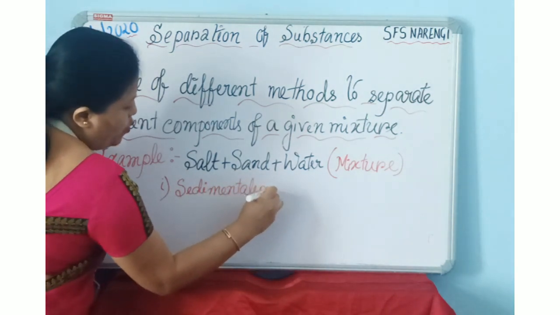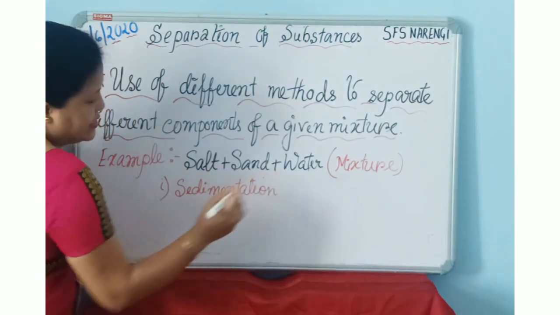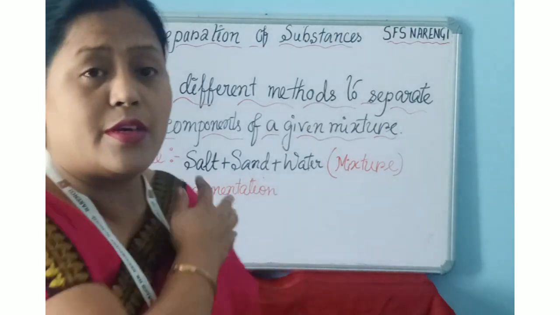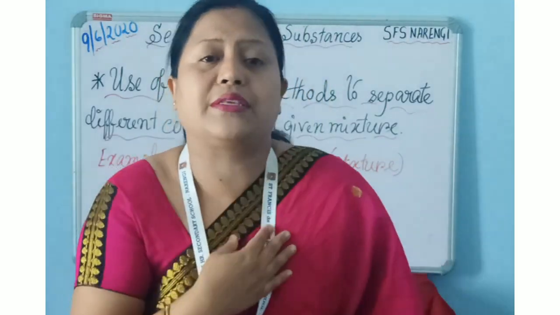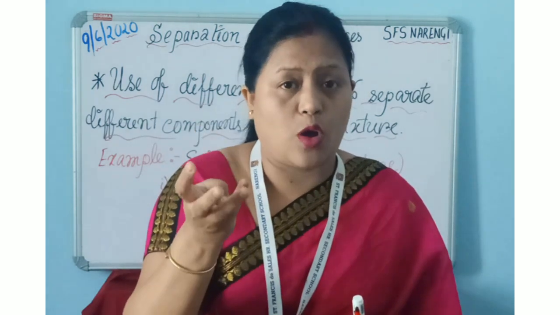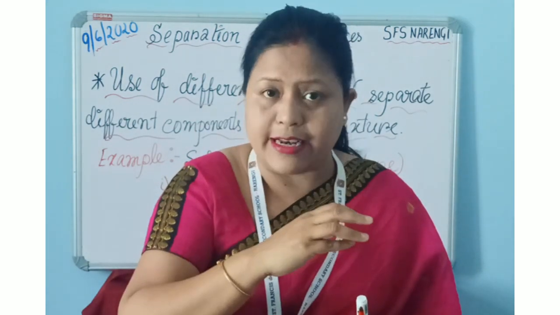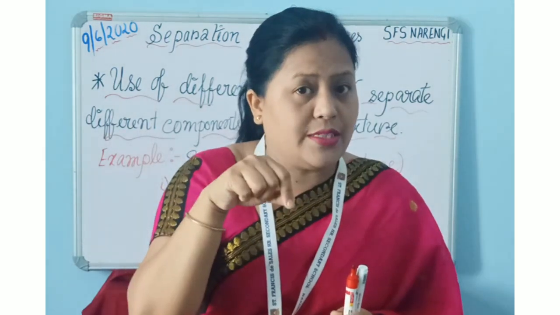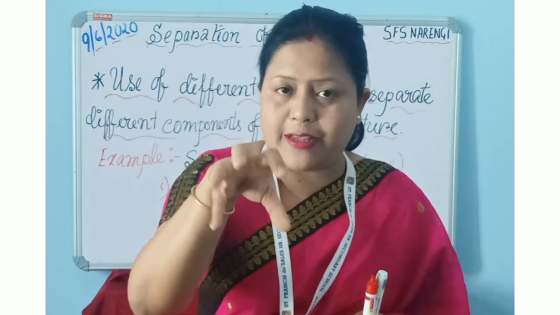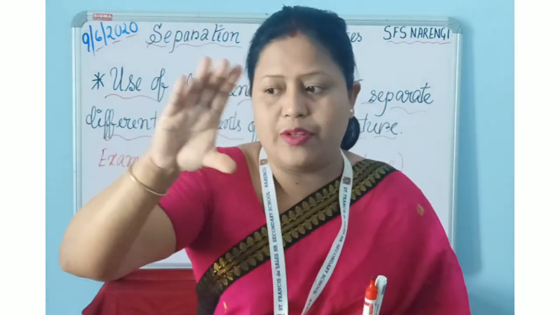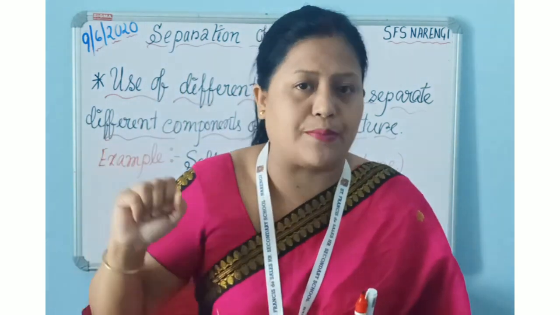Now, are you getting which component will get separated out by this sedimentation process? If we pour water onto salt and sand, we will get a mixture. Fine. So now, after mixing it with water, we will very nicely stir it and then keep that beaker aside for some time.